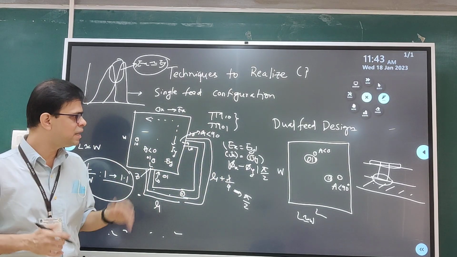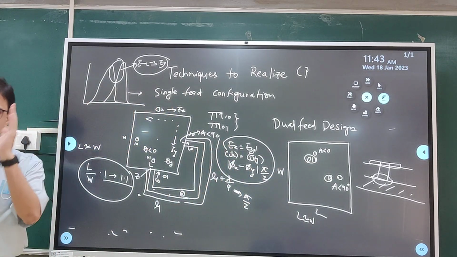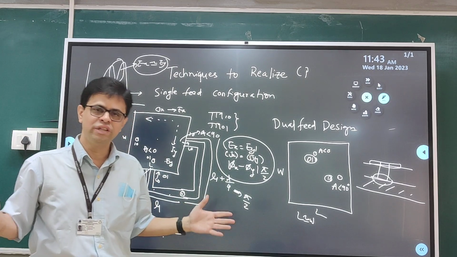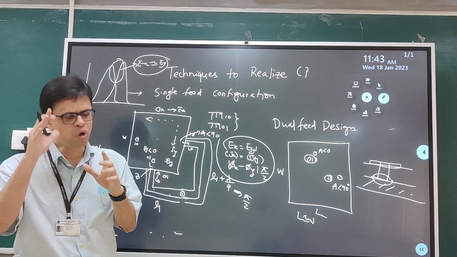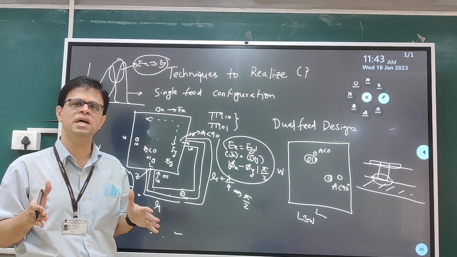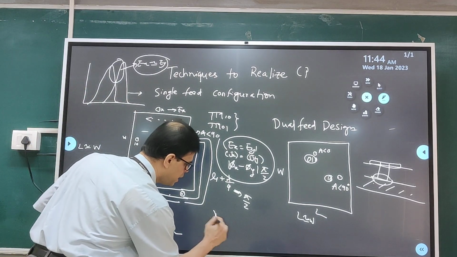Ultimately it is very difficult to realize all three conditions over a band of frequencies, right? So from that perspective, we define a term which is already known to you, especially in case of circular polarized designs, the axial ratio or AR bandwidth.